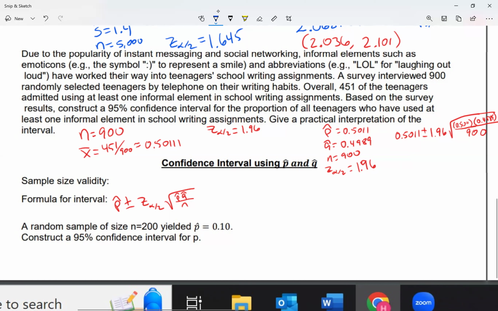I'm going to round my answer to 3 decimal places. I'm going to get 0.468. For the higher value of my confidence interval, I'm going to use the plus sign, and I'm going to get 0.534.